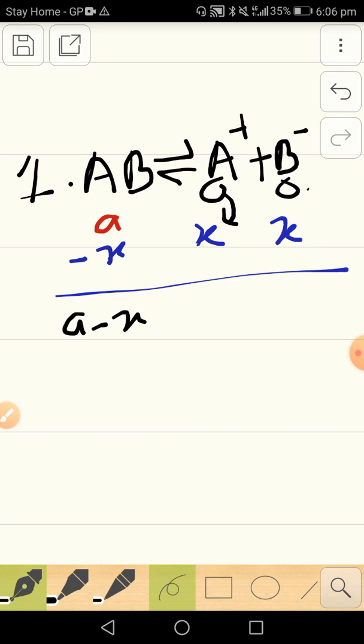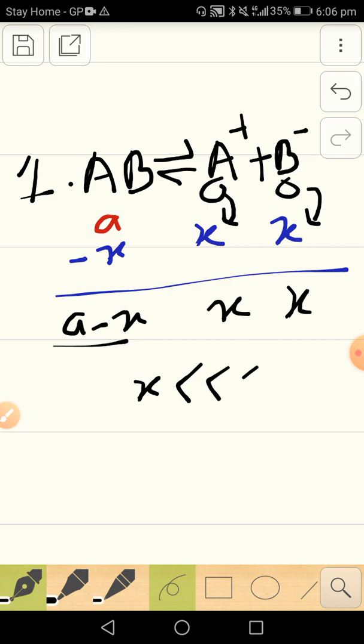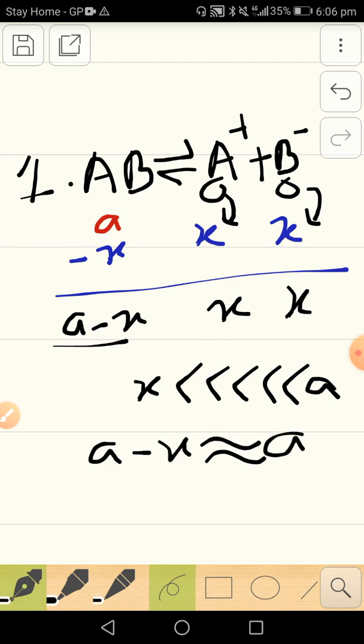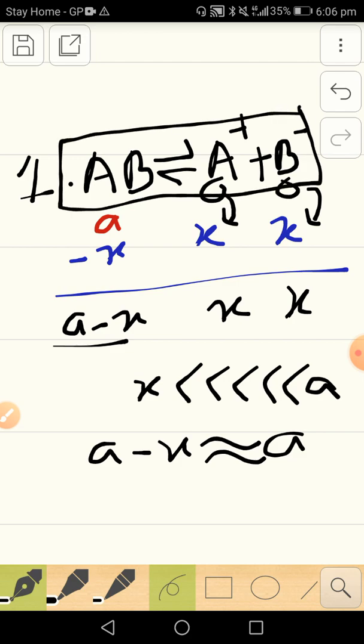So some amount of A and B are produced: the amount of A is x and the amount of B is x. Now, as the rule says that the amount of dissociation would be extremely negligible, the value of x is much smaller than a. So a minus x will be approximately equal to a. This is our law: if any compound undergoes reversible ionic dissociation, then the amount of dissociation would be extremely negligible.